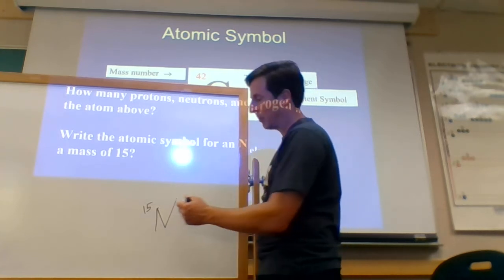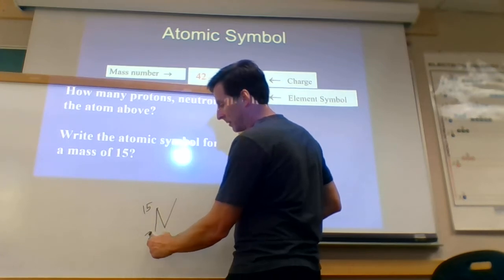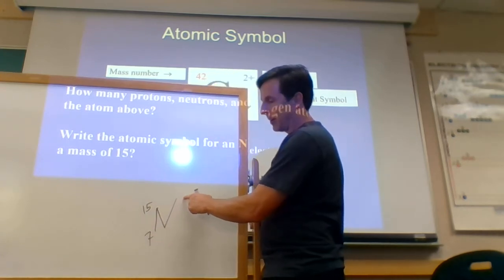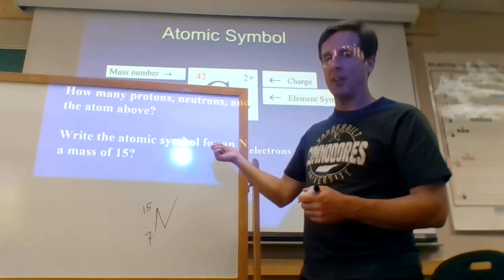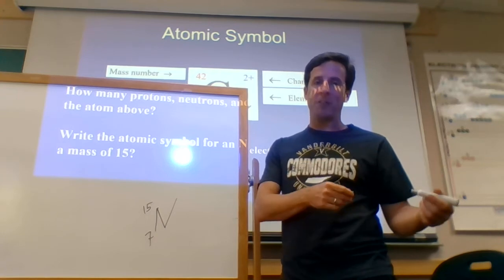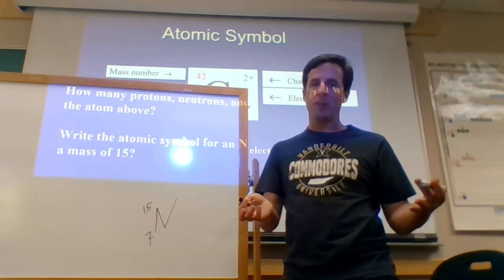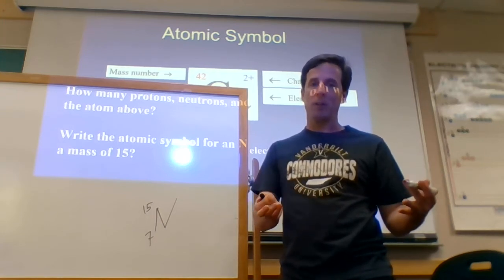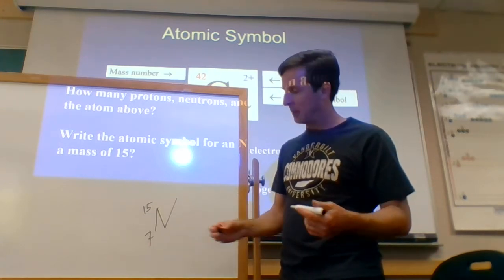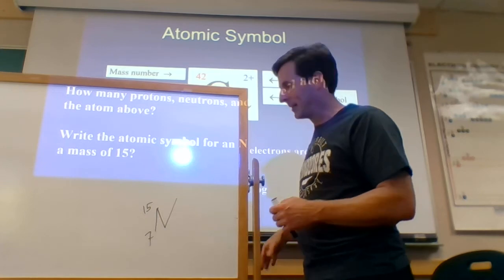If you look at the periodic table, nitrogen's number 7. And then if it has a charge, that goes up here. Well, the PowerPoint just said a nitrogen atom with a mass of 15. If it doesn't mention a charge, then you're going to have to assume there's not one. So I'm not going to put a charge there. Okay, so that's the symbol for a nitrogen atom with a mass of 15.